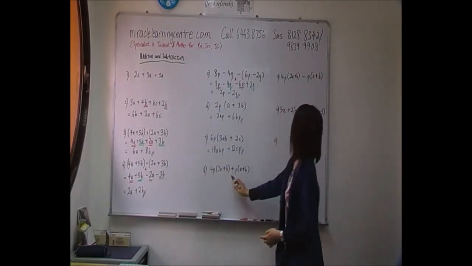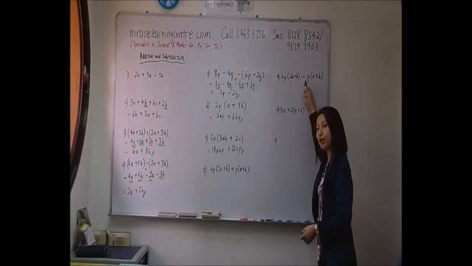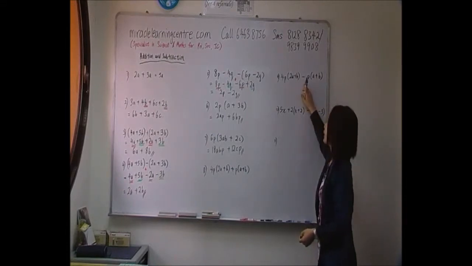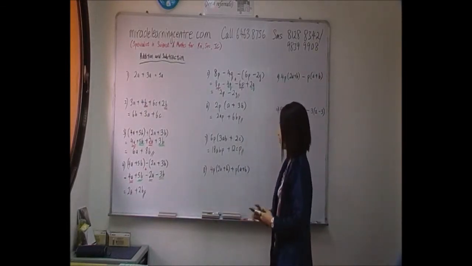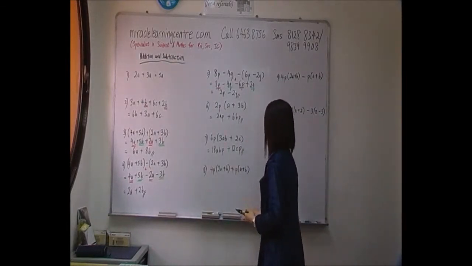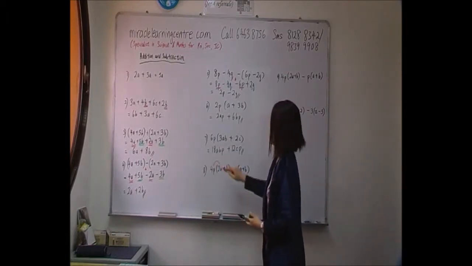This is a simple multiplication, then addition. You notice this again is a negative. You must be very careful when you do the negative. Now we'll do the positive one first. Multiply in. Remember, you need to multiply by the first one, then you multiply by the second one.